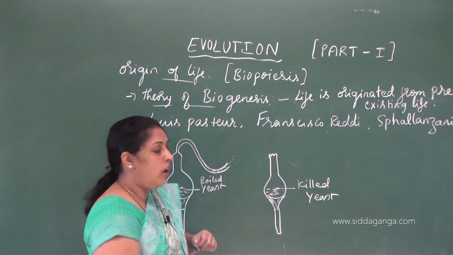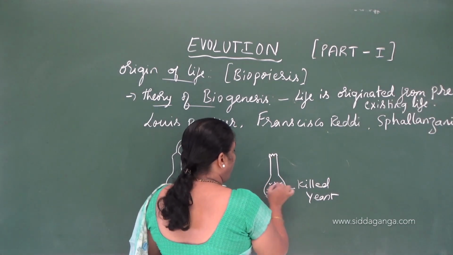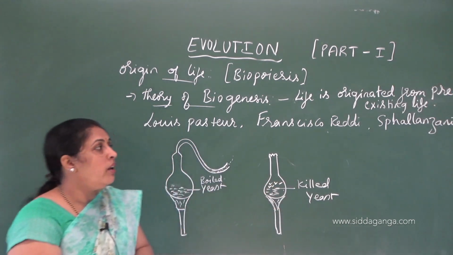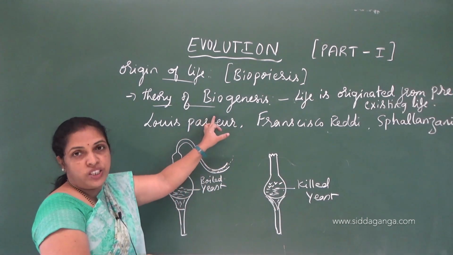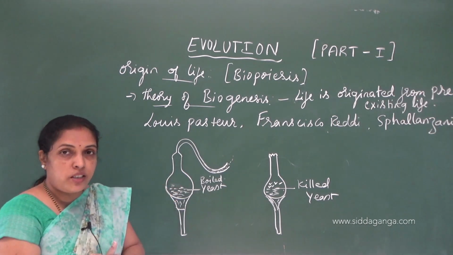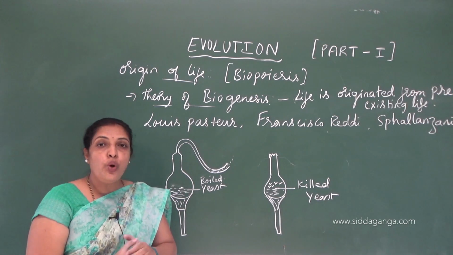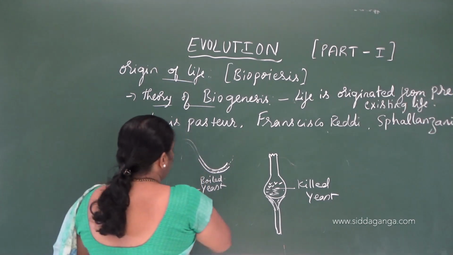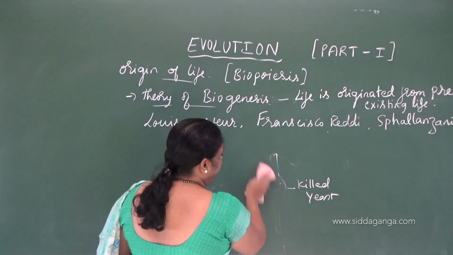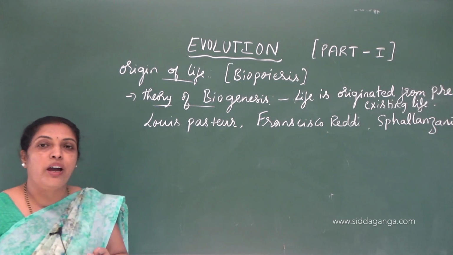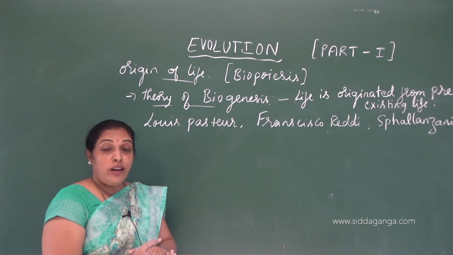He observed life forms in the one which was kept open. So by doing this experiment, they proved the biogenesis theory, that is, life originates from pre-existing life, and they disproved the abiogenesis theory. But these three persons failed to explain how the first life originated on earth.